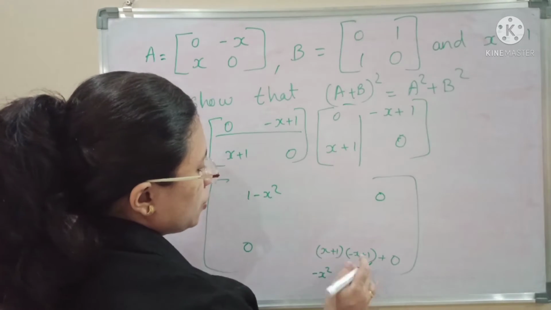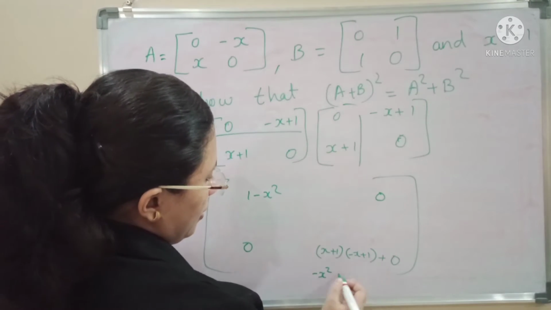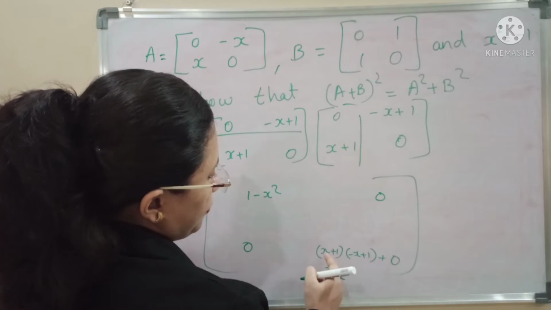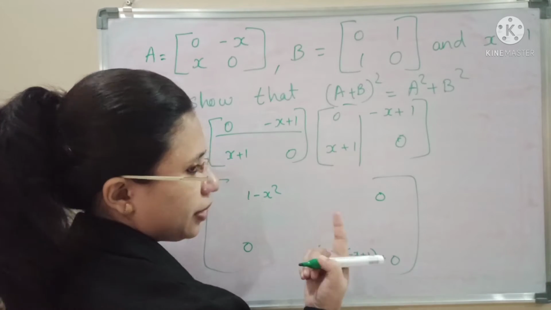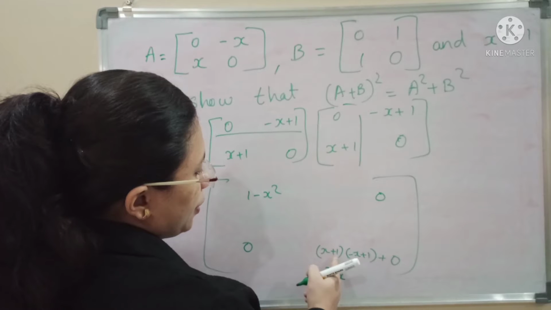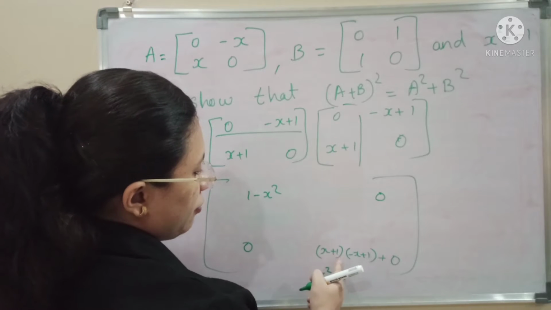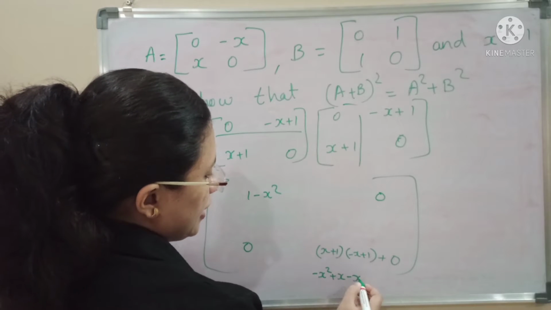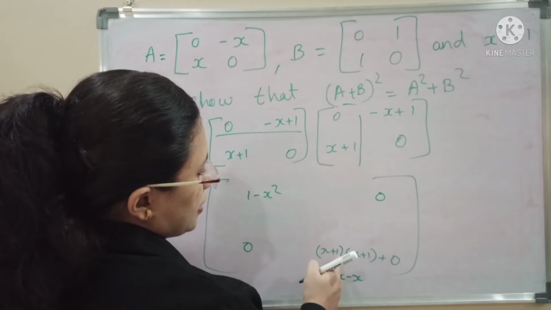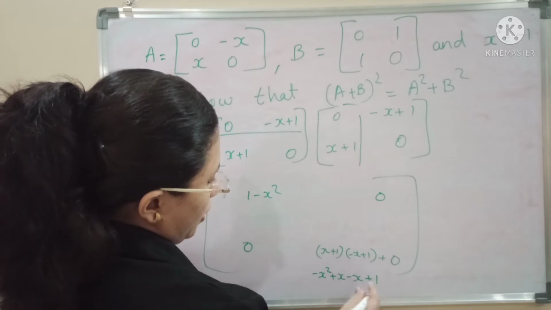Now x into 1 is x. Now we have multiplied with x. Now take second element 1. 1 into minus x is minus x and 1 into 1 is plus 1.